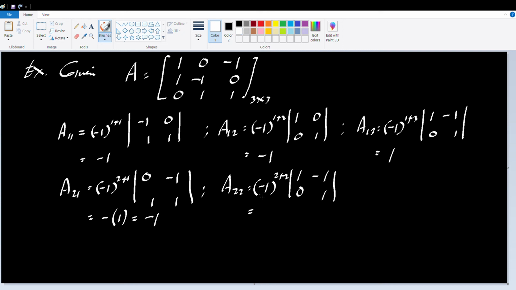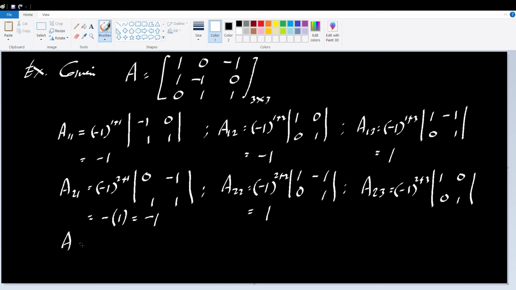And negative 1 raised to positive 4 is positive. Determinant is 1. Next, A23. Negative 1 raised to 2 plus 3, determinant of, delete the second row, third column: 1, 0, 0, 1.